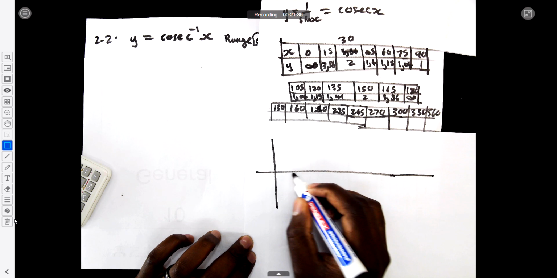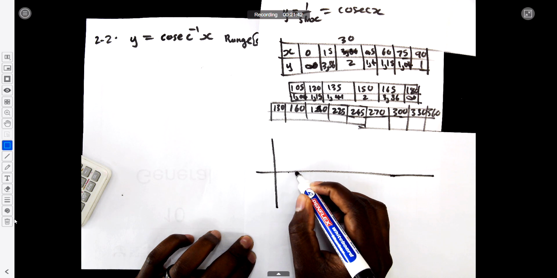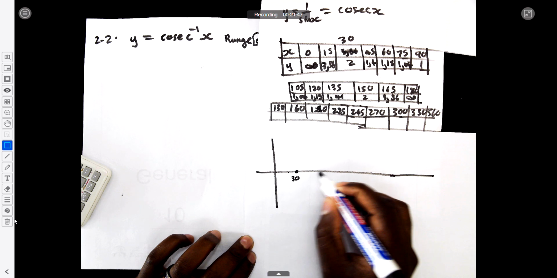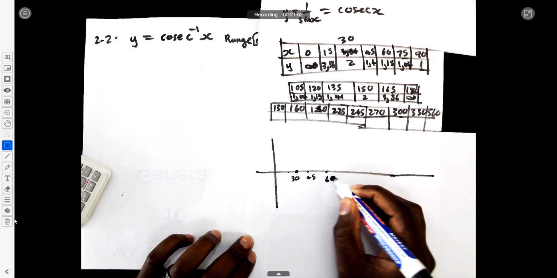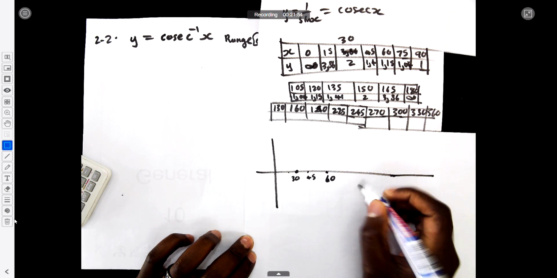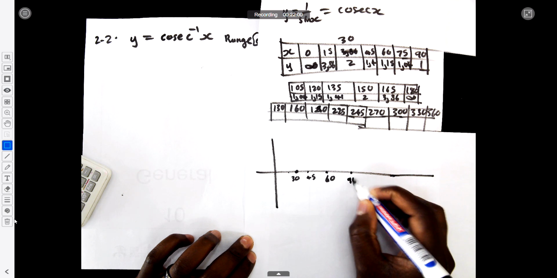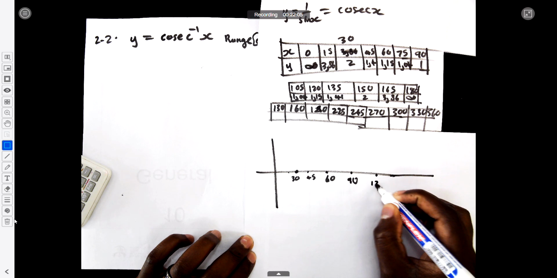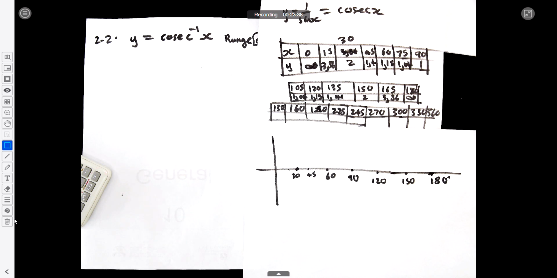Normally we are used to 0, 30, 45, 60, 90 and 120, and I'm stepping by that.